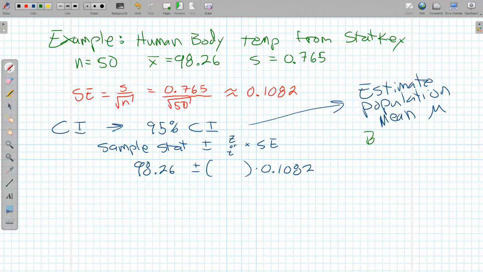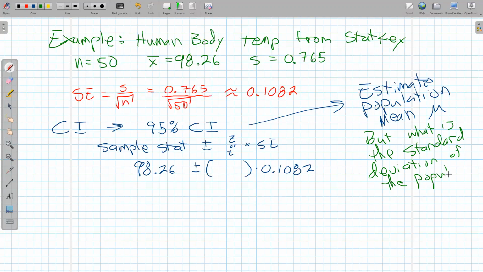So I get this problem here. But what is the standard deviation of the population? I don't know, right? How can I know that if I don't know the mean? That's called sigma. I don't know sigma. I don't know mu.